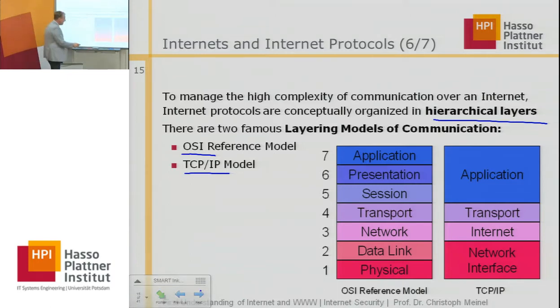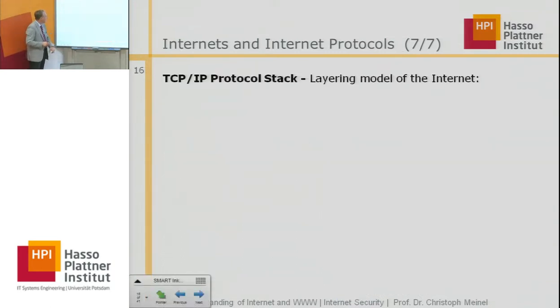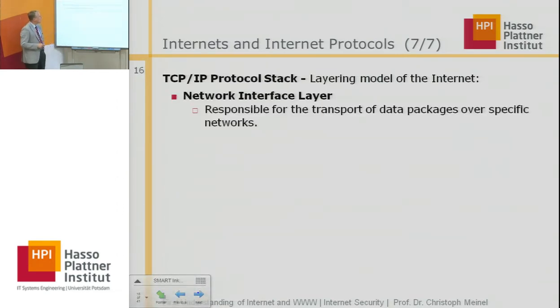Here you see the OSI reference model, and on the other side the TCP/IP model. The OSI model has 7 layers, the TCP/IP model has 4 layers, but of course they try to do the same, they try to organize communication, so there are similarities. In the following, I want to go into the details of the TCP/IP protocol stack and have a closer look at this model.